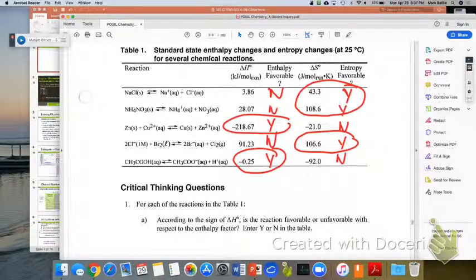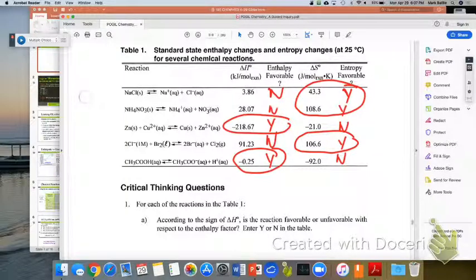Question number 3, are there any in which enthalpy and entropy are unfavored? So what they're trying to say is that according to this, we look at the next table and we say that some are still favored. So it's a battle between the two, right?